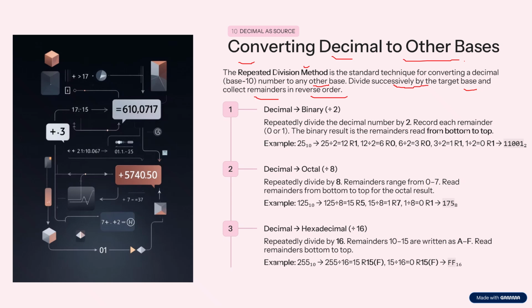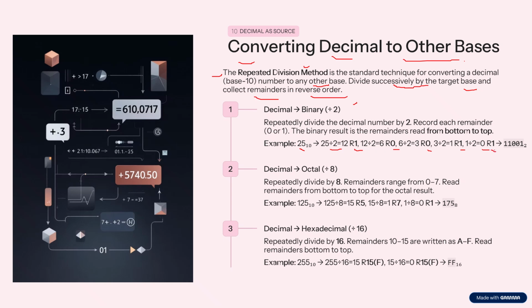This is the rule. For example, decimal to binary. Decimal number is 25, base is 10. How to convert? Repeatedly divide by 2 and note down the remainder. For example, 25 divided by 2, remainder is 1, then remainder 0, 0, 1, 1, and read it in reverse order.